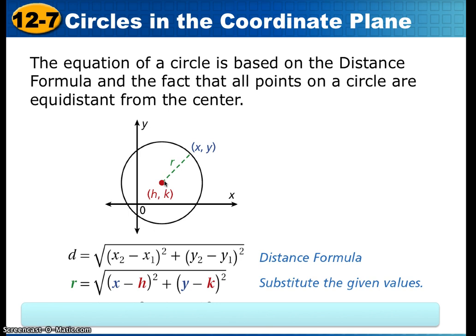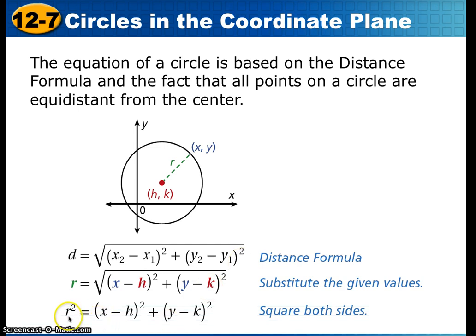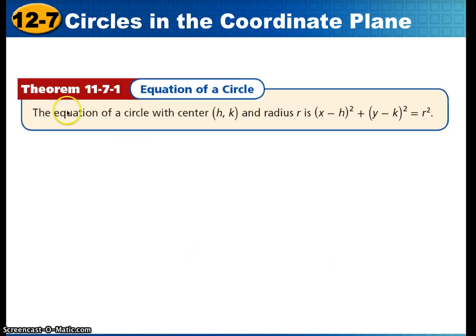Now if we square both sides, getting rid of the square root, we have our equation for a circle, which is R squared equals X minus H squared plus Y minus K squared. This formula that we just created is really important.